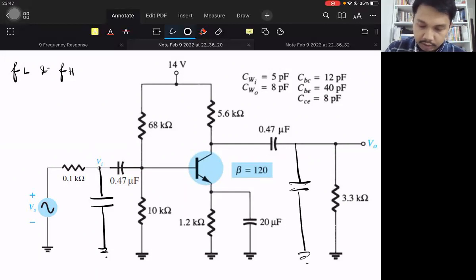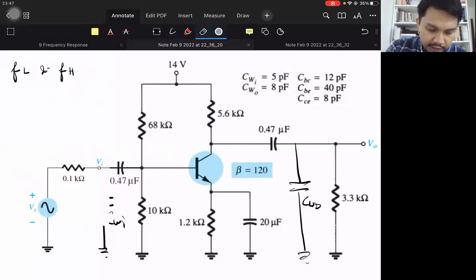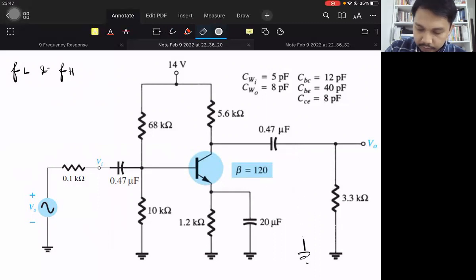Okay. So those are CWI and CWO. They are not necessarily imaginary capacitances, but we could measure them somewhere over there, at these points.